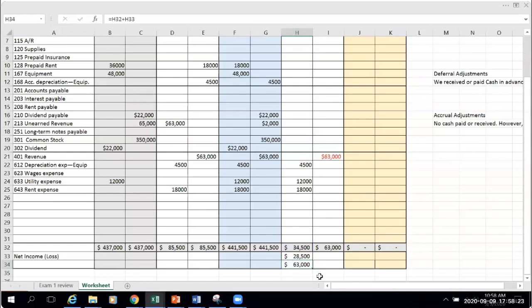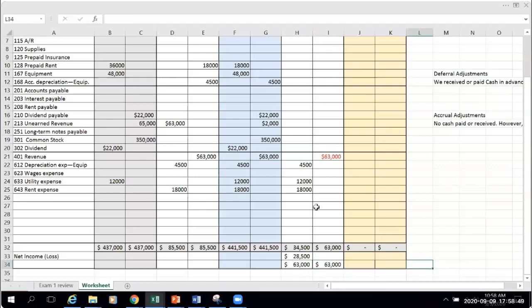Cool. And I do the same thing now. I grab this fill handle, I pull it to the right. So the same formula applies. I-32 plus I-33 equals 63. And both sides are equal, 63 and 63. So there you go, double line, dollar sign.